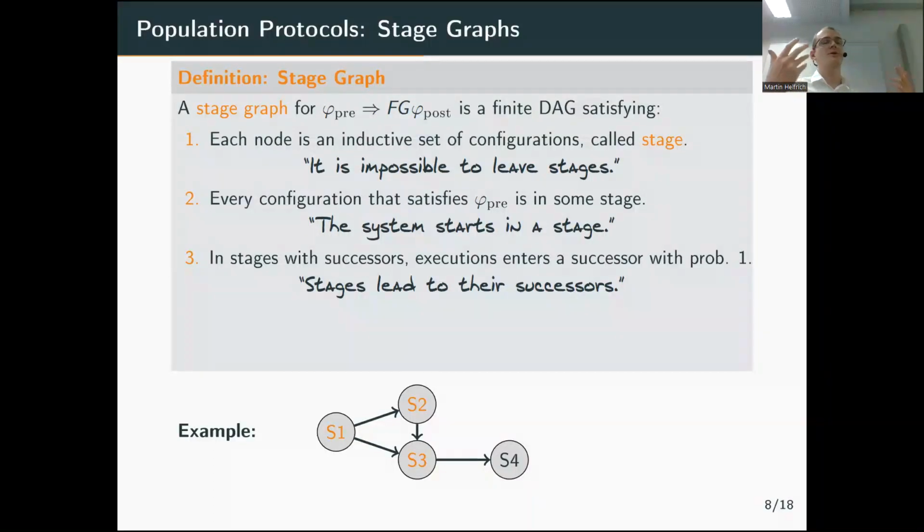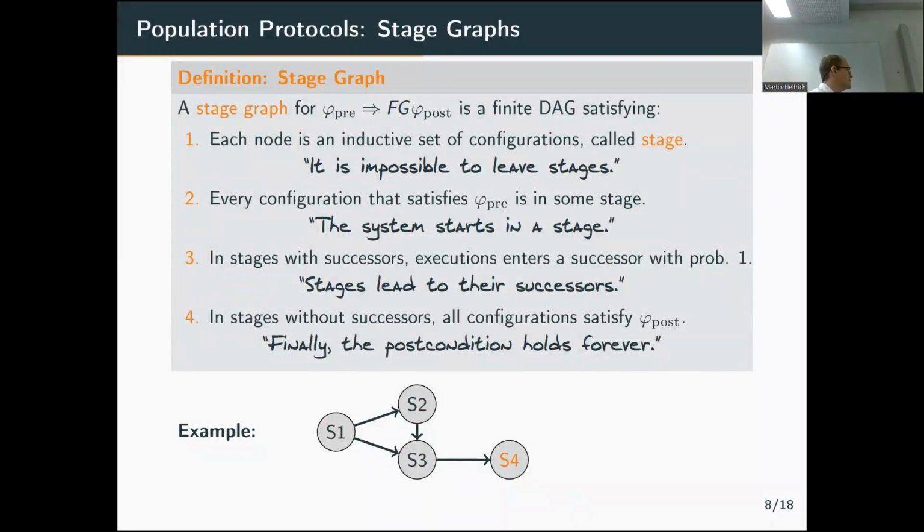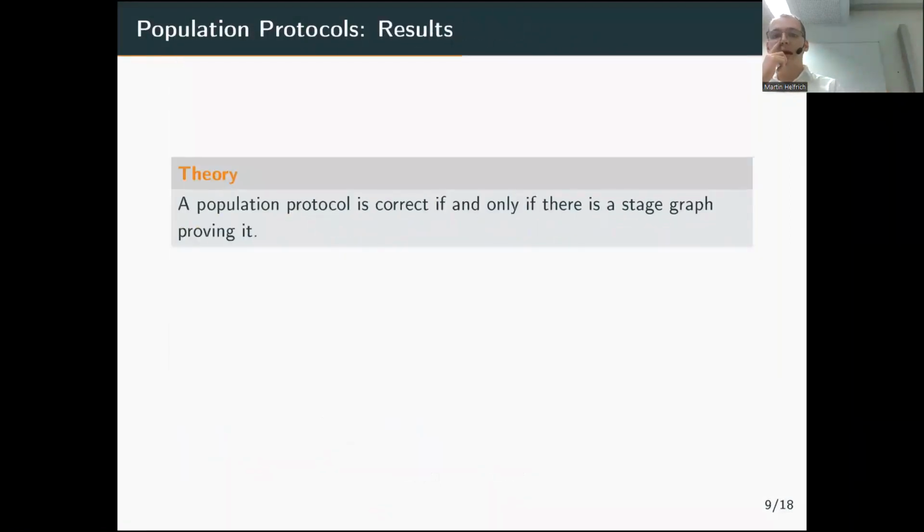Or intuitively, you will always make progress and become more restrained if you can become more restrained according to this proof. And then finally, if there are no more successors, then the postcondition holds, right? That's the last property we need. And now if you look at these 4 properties, then it's rather easy to argue that the system actually satisfies this property, because you start in the proof, you make progress, and then you get stuck where the postcondition holds.